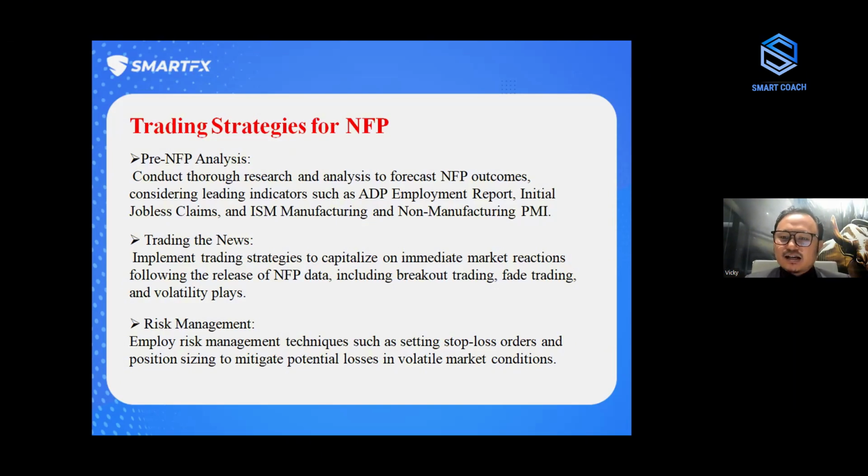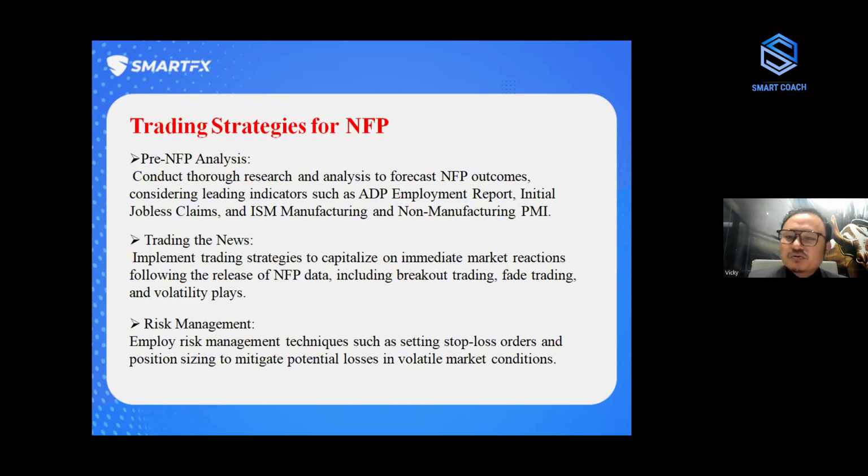So you can research these indicators before NFP. And if you find all of them positive, that means NFP is likely to be on the positive side, because indicators like ADP, initial jobless claims, or PMI give you information on how the economy is doing.